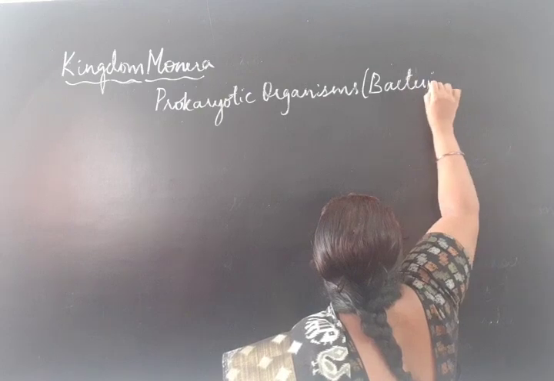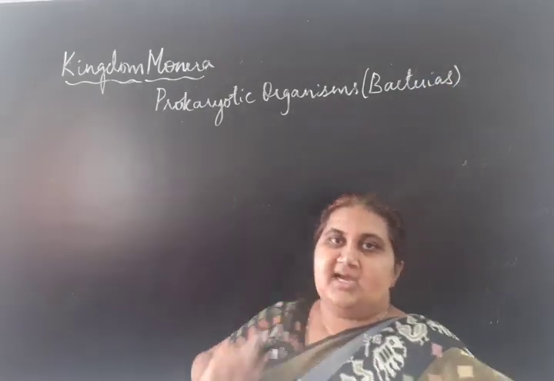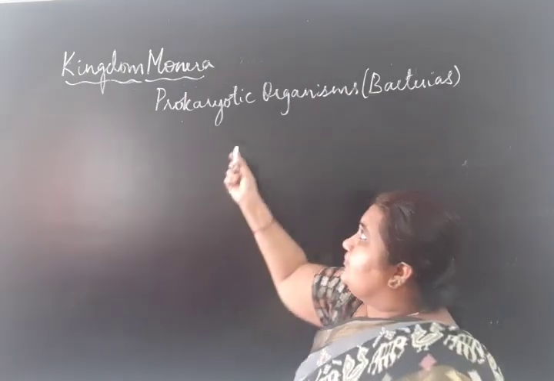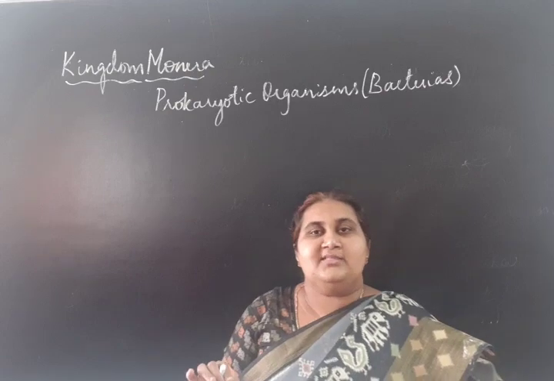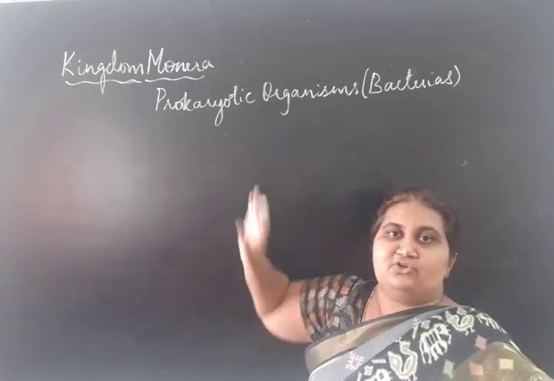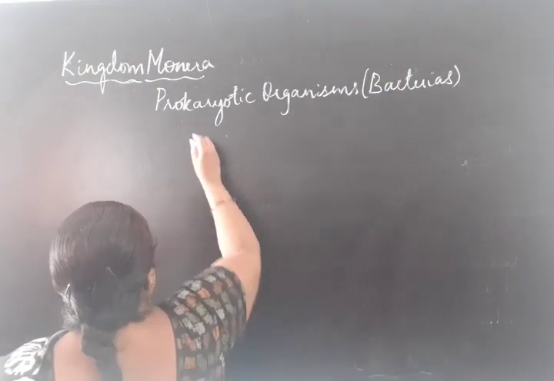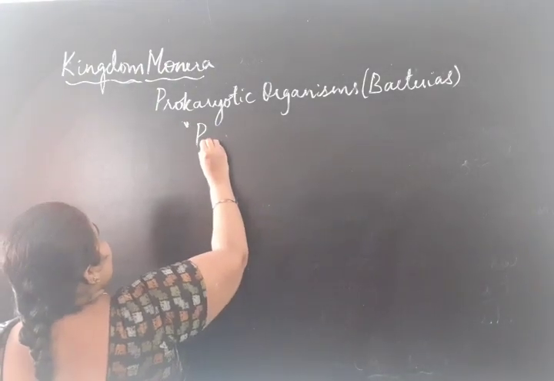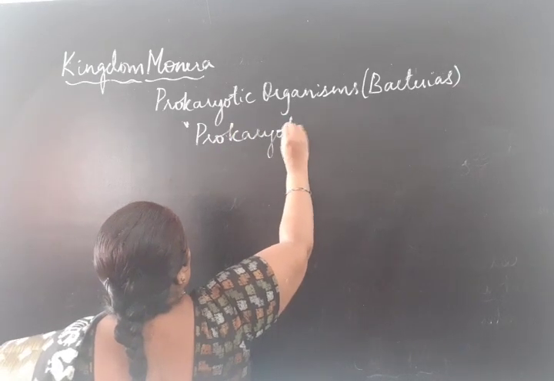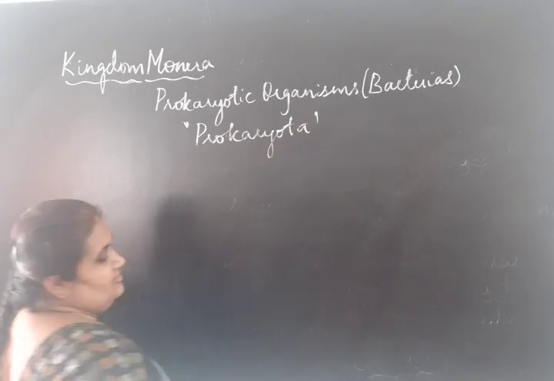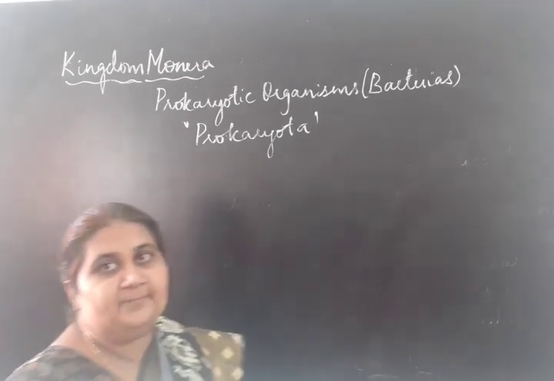The sole rulers of this kingdom are bacteria. So the kingdom mainly includes only prokaryotic organisms. Hence, this kingdom Monera is also known as prokaryota.